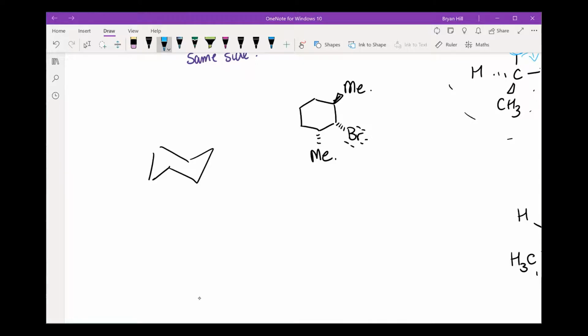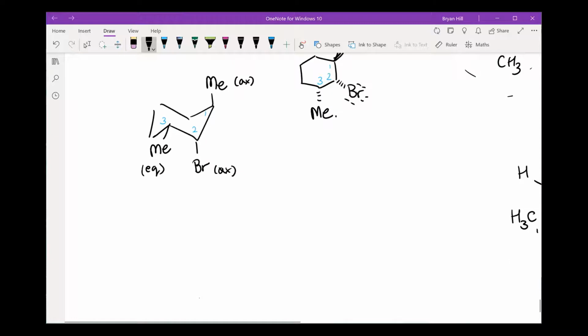We're going to put all these substituents on here like we would normally. Let's see here. Methyl group up. So in this conformation, methyl group up, bromine down, Br. Carbon 3, methyl group down. Down would be over here. So this would be axial. This would be axial. This one would be equatorial.